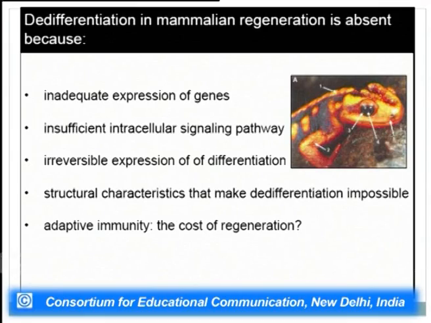So, probably because of these reasons, de-differentiation in mammalian regeneration does not occur, and therefore mammals cannot develop the lost part as newts or salamanders can.